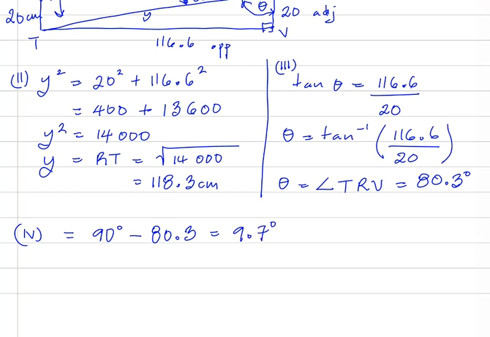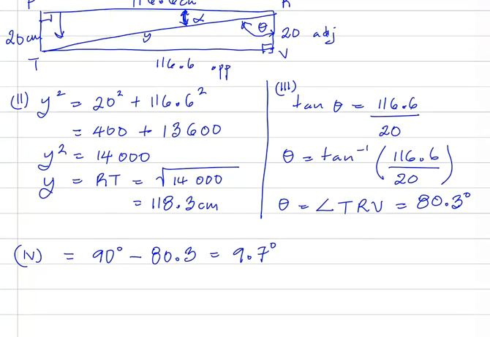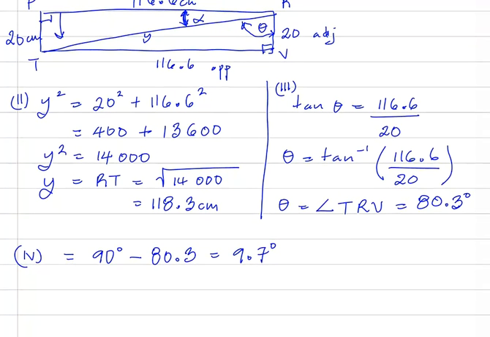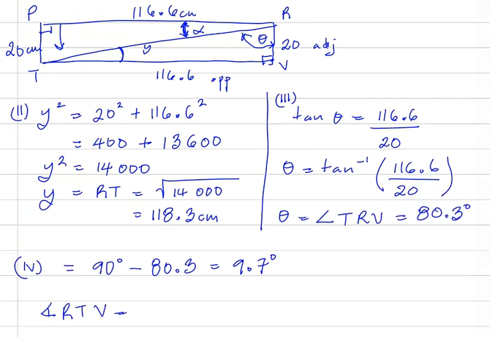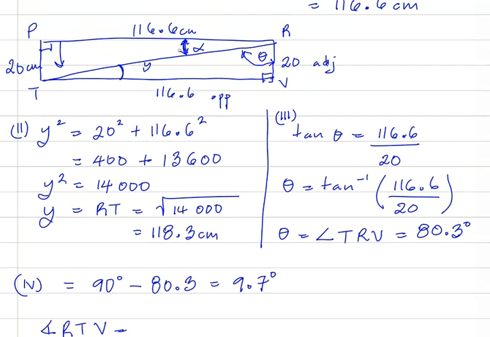Next, the angle which is the same as RTV. RTV is this angle here. The angle that is the same as RTV is, well, angle RTV is equal to, these two angles are equal here.